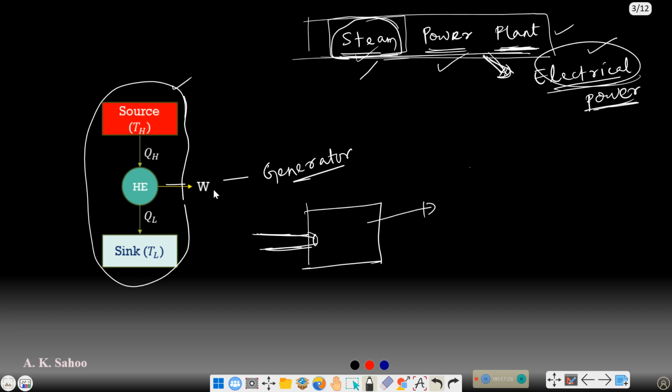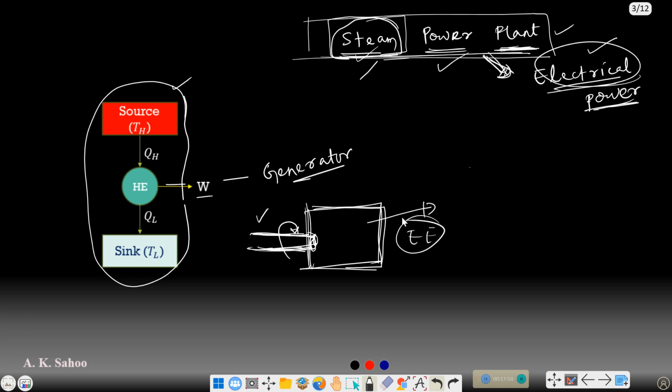This is the mechanical work, and mechanical work simply means it is in the form of any motion. Suppose this is the shaft and it is rotating. If this rotating shaft is connected with a generator, what is the function of the generator? The generator will be converting this mechanical energy into electrical energy.